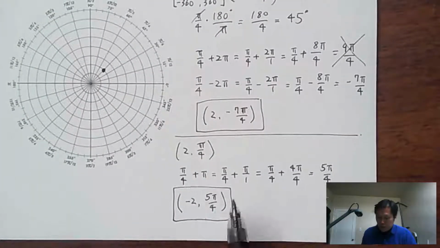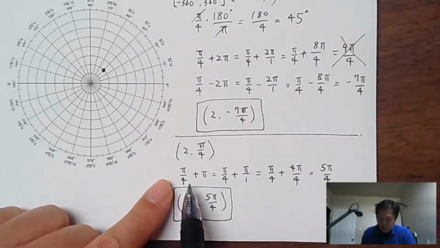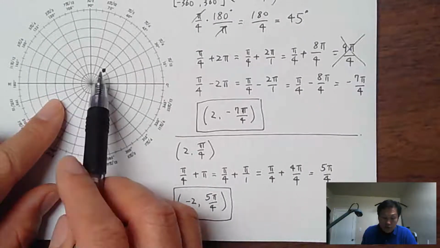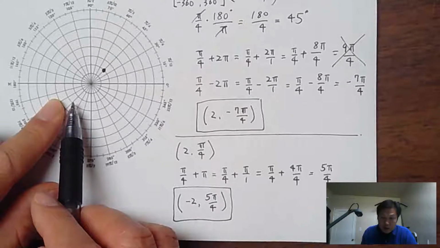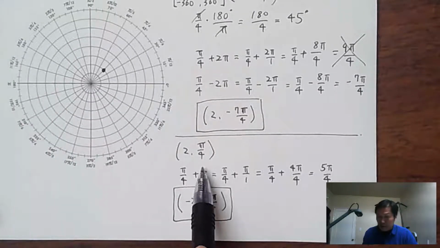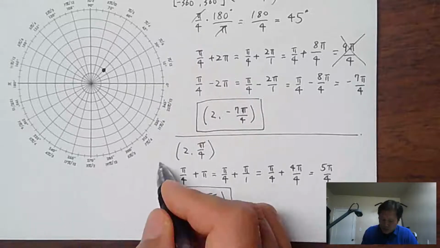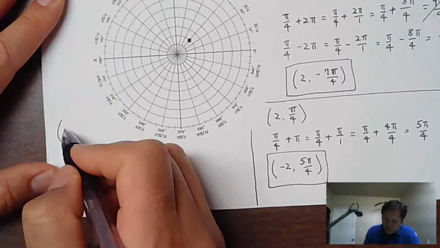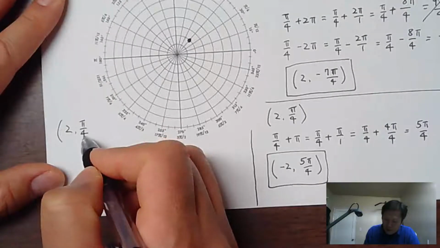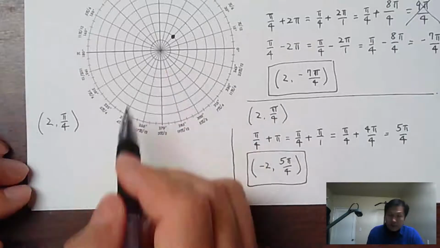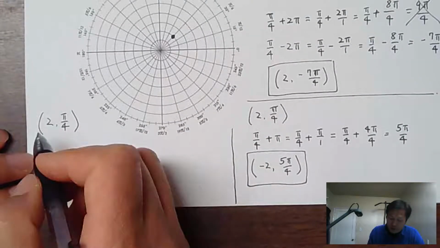You might question, well, from this angle, we added 180 degree. Can you subtract 180 degree? And the answer is yes. You could have subtracted 180 degree here as an alternative answer. Starting from 2 comma pi fourth, you could have done minus 180 degree from the angle, which is pi.